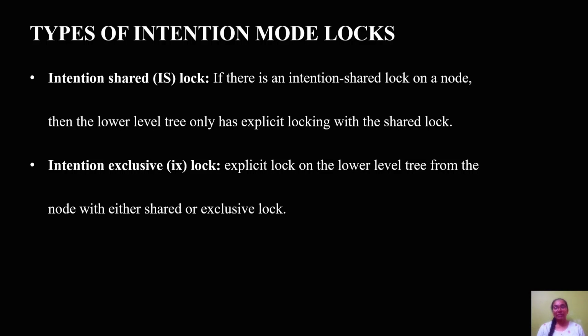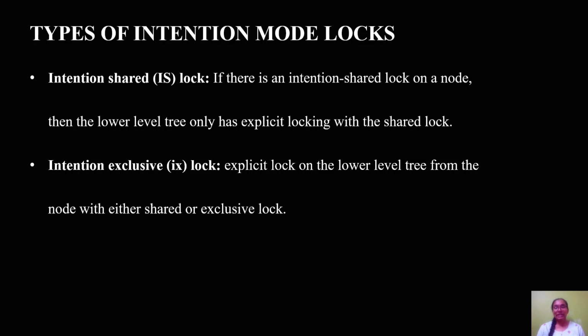That is, a node can have an intention shared lock only when the nodes at the lower level of it have a shared lock. So in shared lock, as we know, we can only read the data.